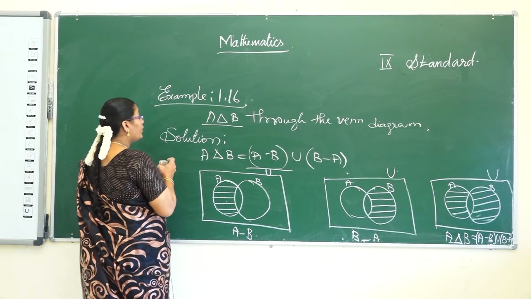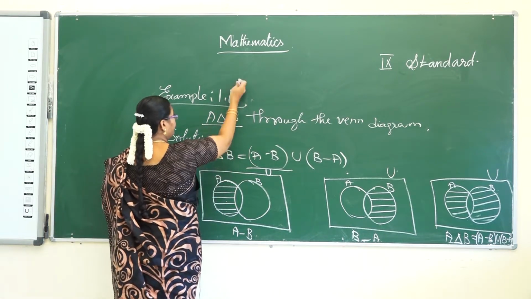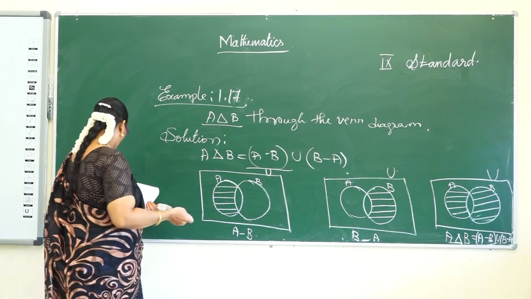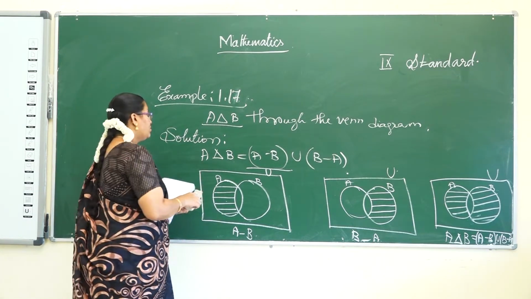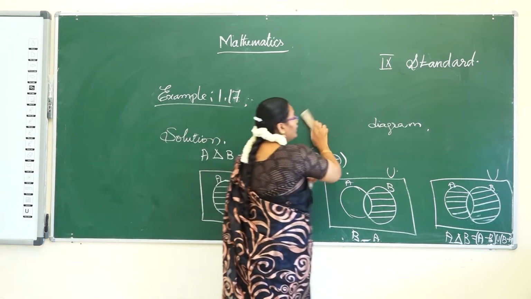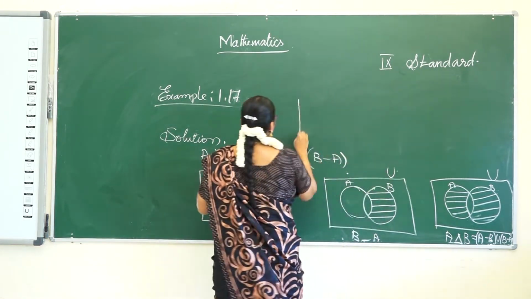Next, to see the example 1.17. From the given Venn diagram write the elements of the sets. One Venn diagram is given.